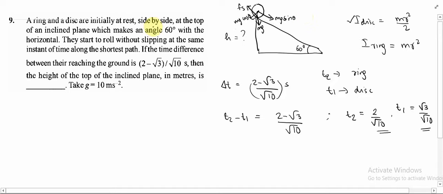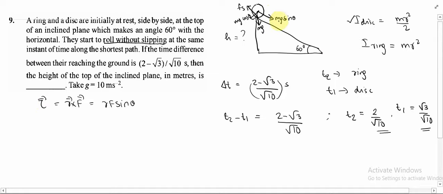Now it is said that they start to roll without slipping, so it's a rolling motion, so there is a torque associated with it. Which of the forces actually gives a torque here? We know torque is given by r cross F, so that is rF sin theta.